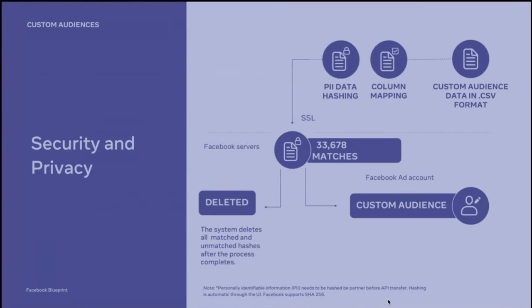The result is a custom audience that you can target your ads to reach. The custom audience is stored in your ad account, where only authorized account admins can target it. You can't see the specific individuals in a custom audience, but you can see the approximate number of people it contains. So that's the process of hashing the file and making sure it's completely secure and private.